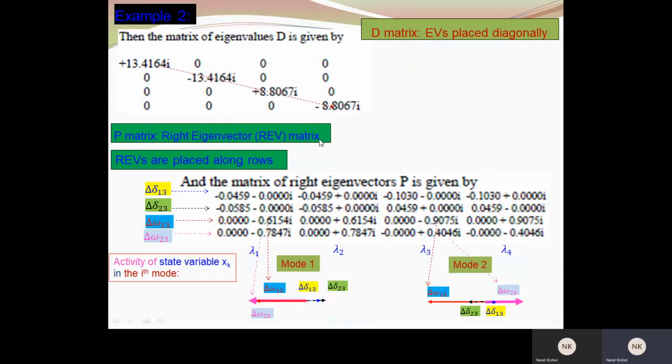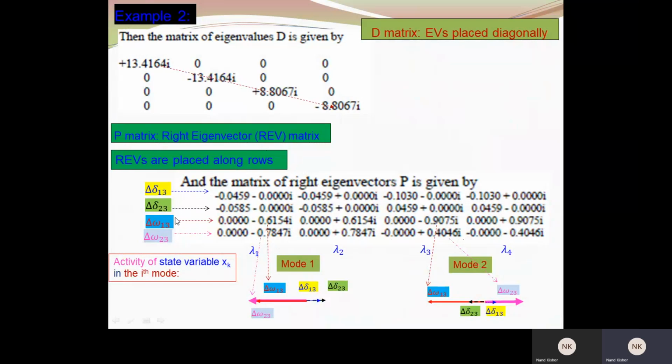What we find here is that the four state variables are placed along the rows, and the eigenvalues are placed along the columns. So we have lambda 1, lambda 2, lambda 3, and lambda 4.